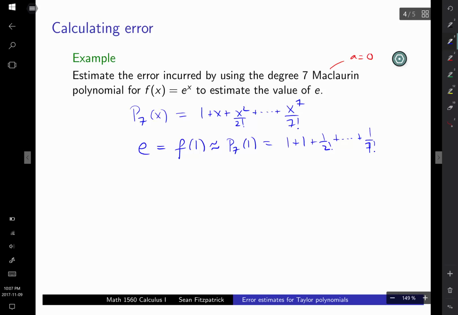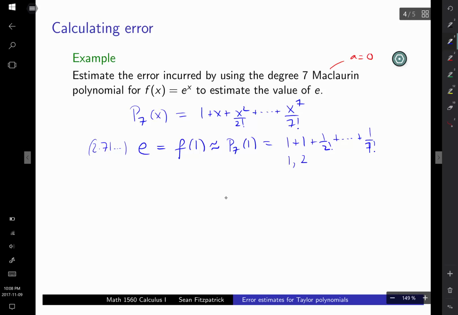I'm not going to calculate those values, but you could punch those into your calculator and add them up. You'll find that it converges fairly quickly to the correct value for e, which is 2.71, something like that.